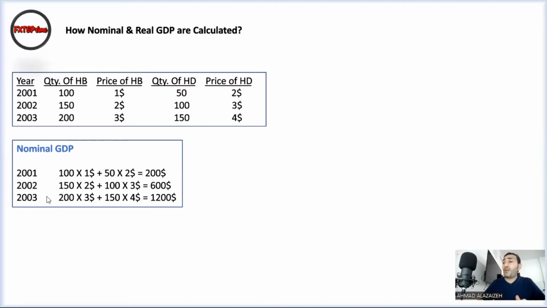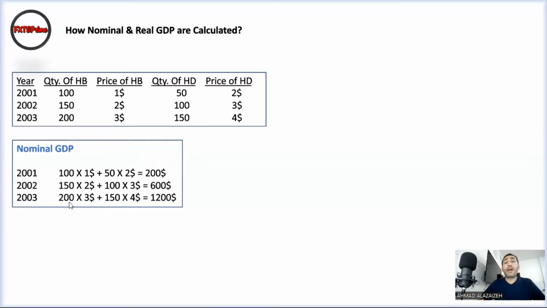So let's calculate now 2002. So we have 150 hamburger in 2002, and the price was $2, increased by $1. And we have 100 hot dog in 2002, and the price increased to $3. Now I have total GDP of 600.